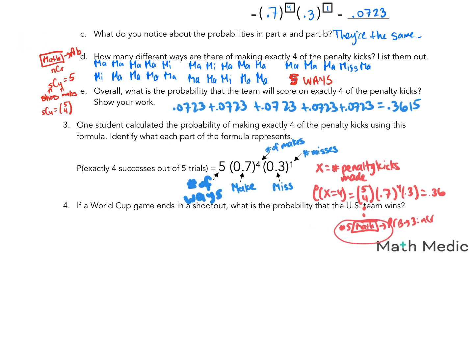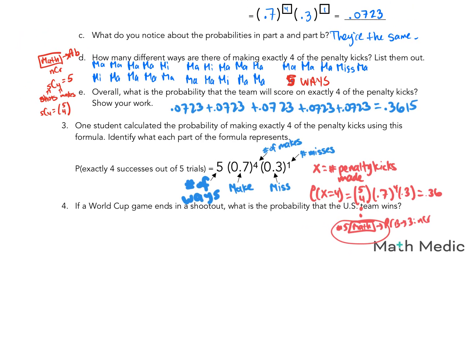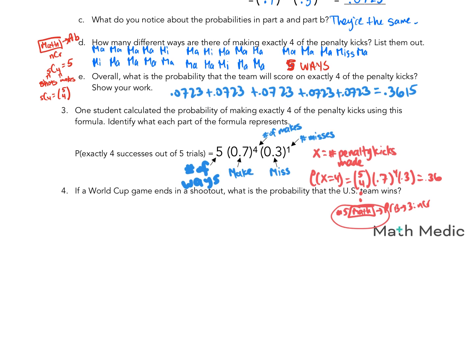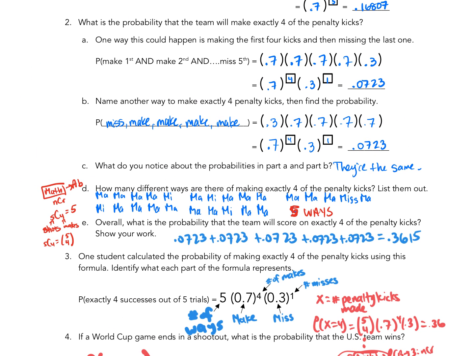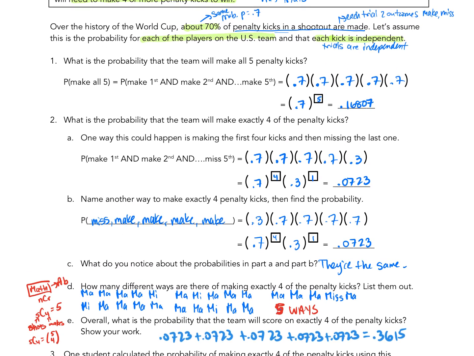So notice, if a World Cup game ends without a shootout, what is the probability that the US team actually wins? Remember, to find this, what I want to do is make 4 or 5 of the penalty shots. So if we go up above, we found make all 5.